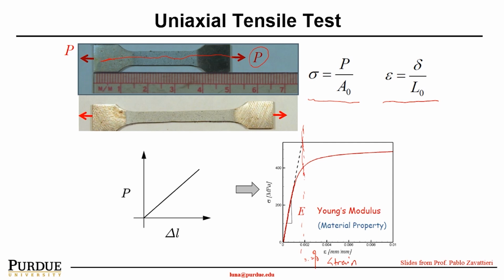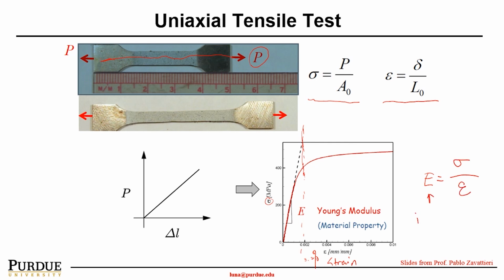That means the increase of sigma is linearly proportional to the increase of epsilon. And the tangent of this curve, which is E, is Young's modulus, or modulus of elasticity, which is an intrinsic material property. Again, E equals sigma over epsilon.